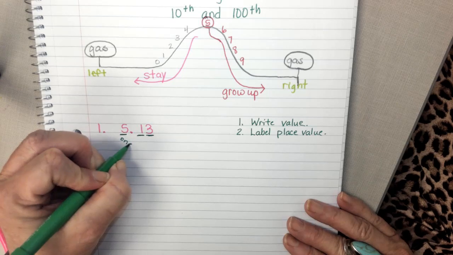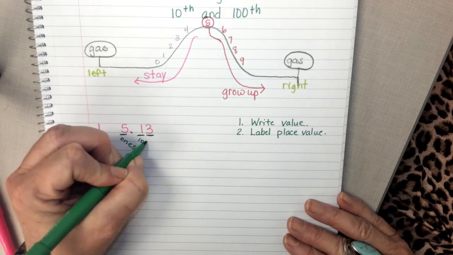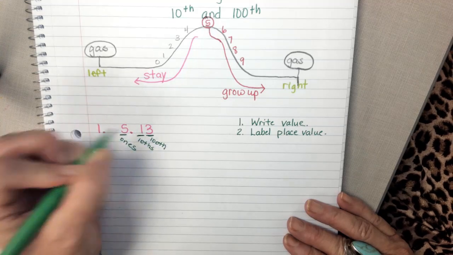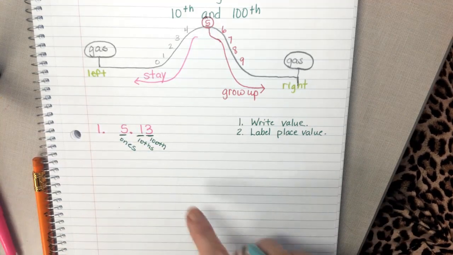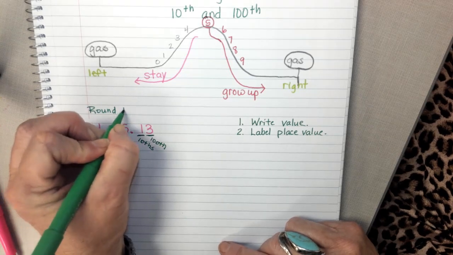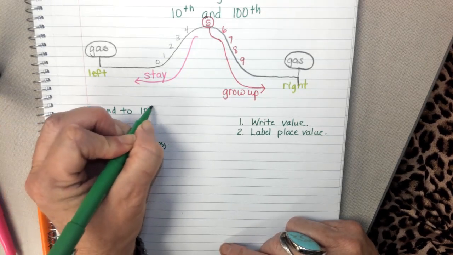This is the ones, this is the tenths, and this is the hundredths. For this example, we're going to round to the tenths place.